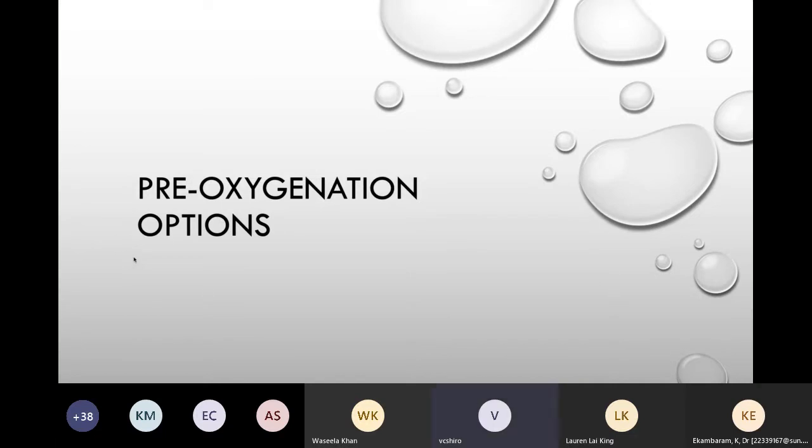With pre-oxygenation, we've got a few options at our disposal. I'll tell you all options, and then I'll tell you which one we prefer to use here at EMPRET. So option number one is to hold a BVM over the patient with a tight seal onto the patient's face.